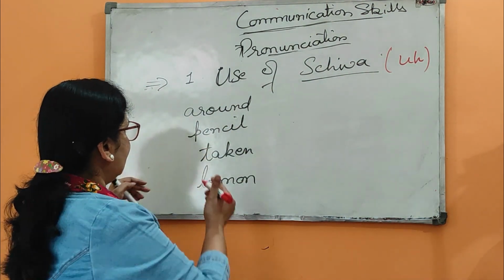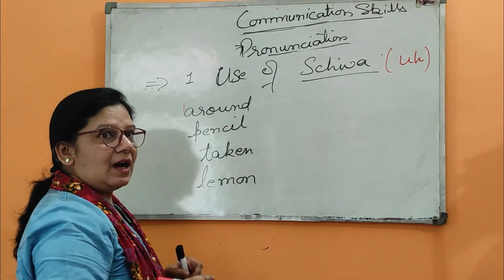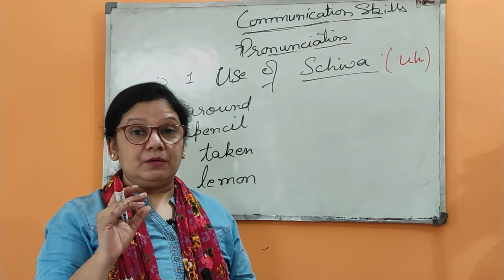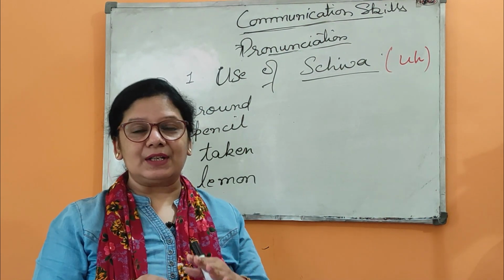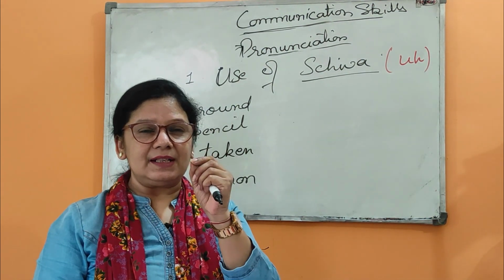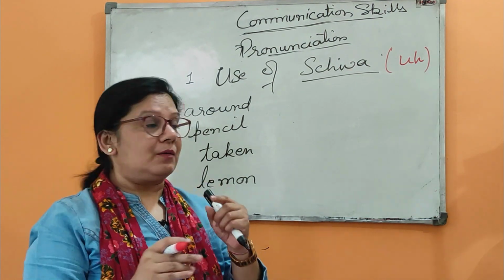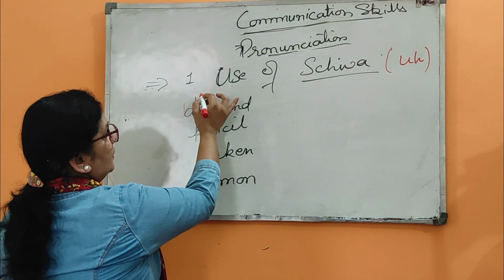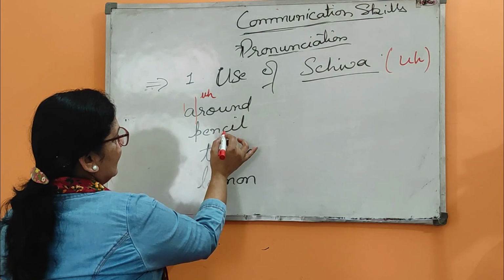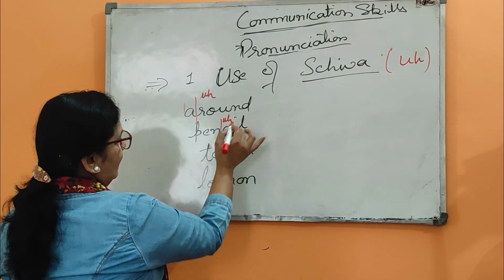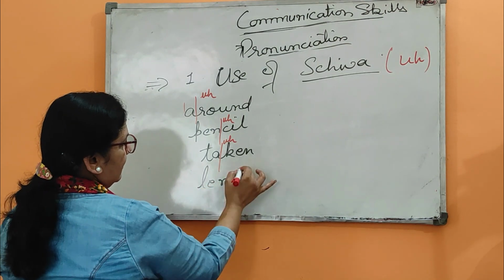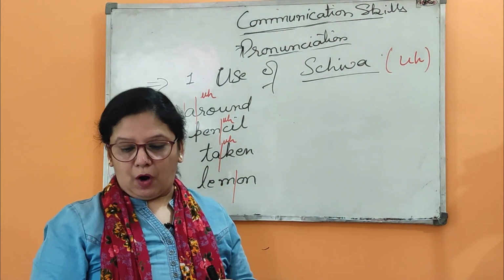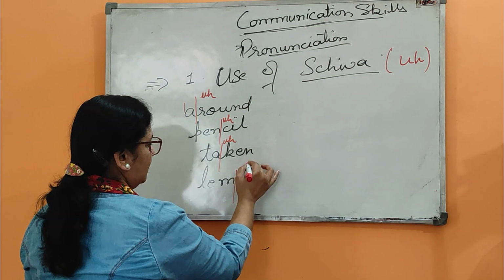If I say around, you just note that, say this word very calmly and very slowly, you would find there is a little pause. Around. Here I have used this schwa. Pencil, here it is. Taken, here it is used. Lemon, we break there and it is used here.